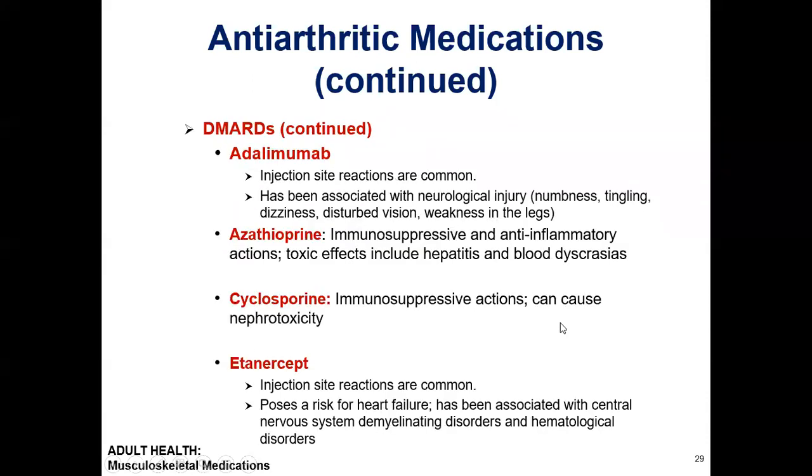What else? What are the other substances we use? So what are the other medications we use? We use adalimumab or alemtuzumab. We use azathioprine or cyclosporine or etanercept.